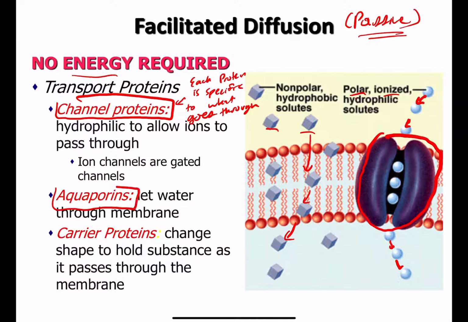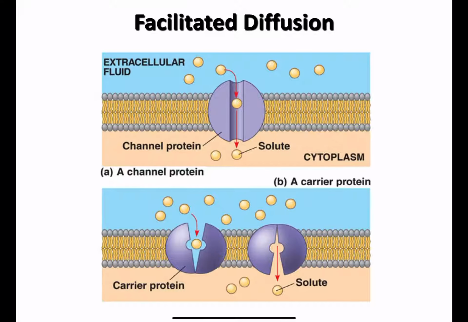Aquaporins would be an example too. Water is polar, which is kind of a trip, because you would think that water can just freely pass back and forth. It can in a weird way without a protein, but for the most part, if you're getting large amounts of water into a cell, it requires what's called an aquaporin. Carrier proteins do essentially the same thing as a channel protein, except they have to actually change shape throughout the duration of it.